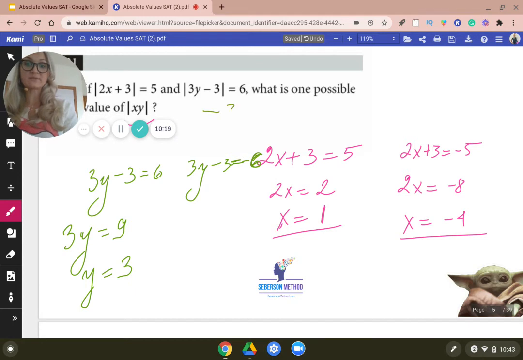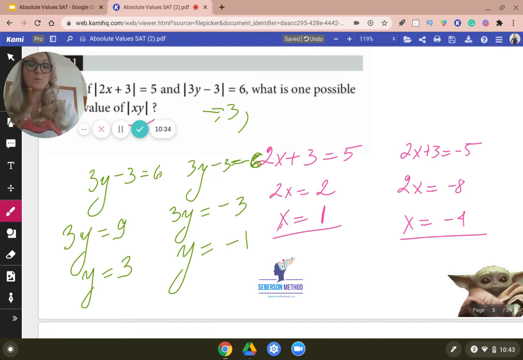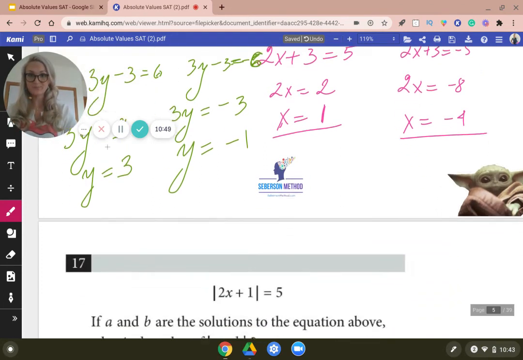Absolute value would be 3. Then you have 3y is equal to negative 3, and then y is equal to negative 1. So you could do negative 1 times 1, for example, so the answer could be 1. You could do negative 1 times negative 4, so the answer would be 4. So there are multiple answers, and I'm sorry if I didn't call out your answer. It's just one of the possibilities.